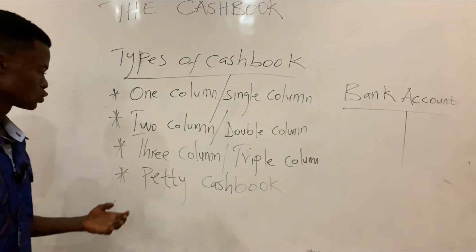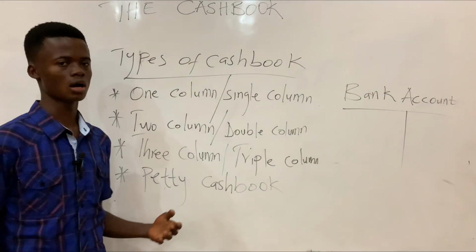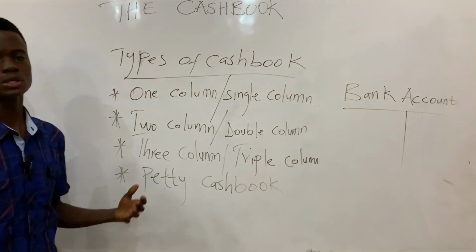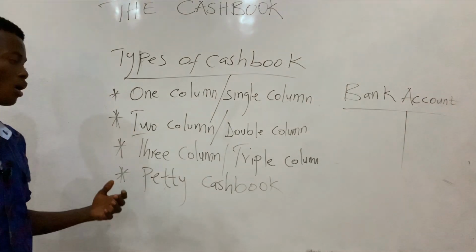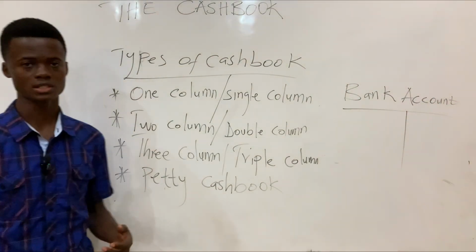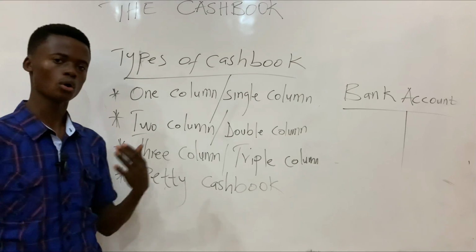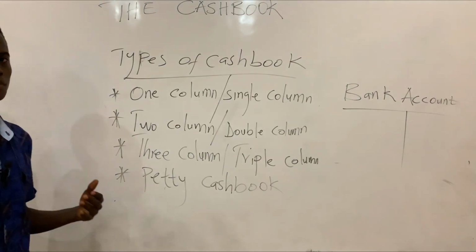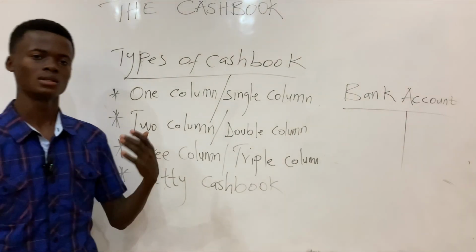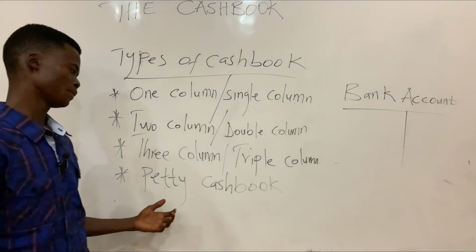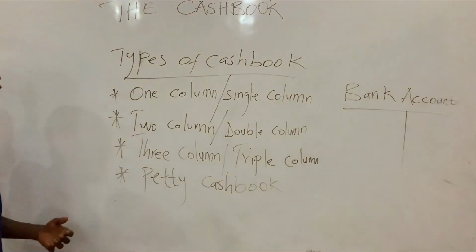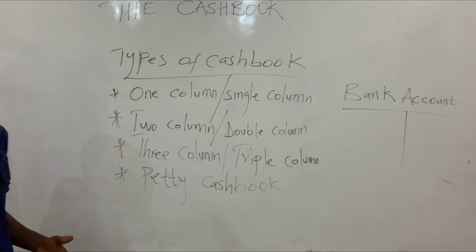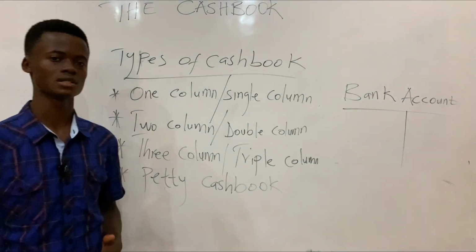So as the name goes, the 3 or triple column cash book has 3 separate columns for amounts. One column recording all cash transactions, the next one recording all bank transactions, and the final one recording discounts. The petty cash book, however, is also a cash book that's used to record all petty expenses.